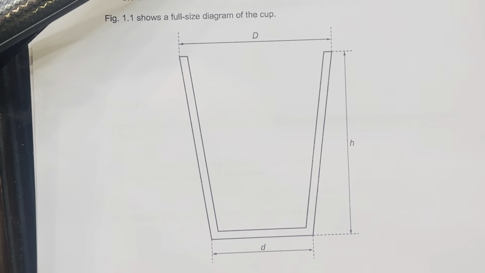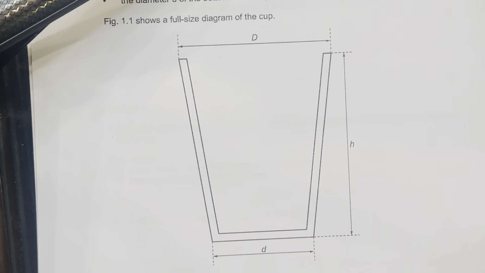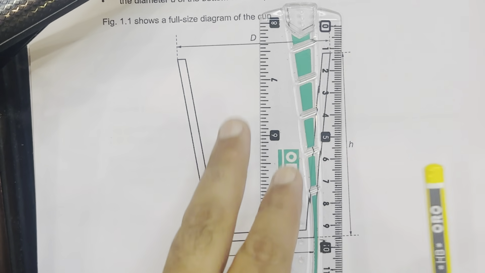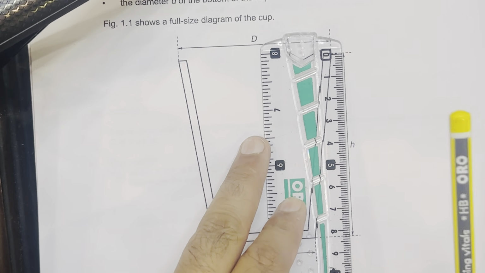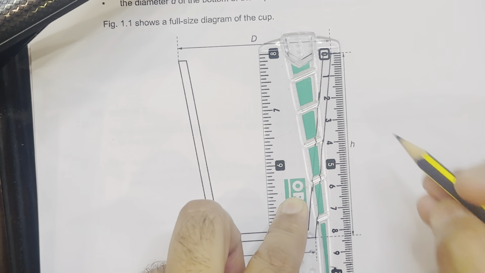We need to measure the height, that is h, then diameter D, and diameter d of the cup. Okay, we need to use the scale for it. First we're going to calculate small h, and the height of the cup is 8.3 centimeters.